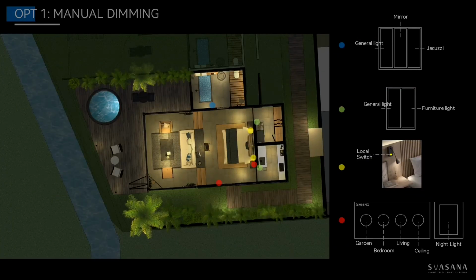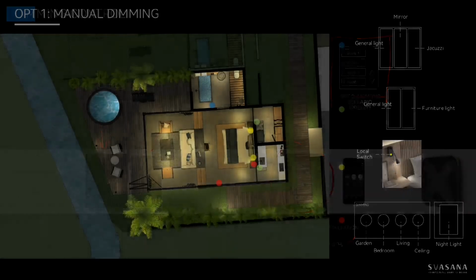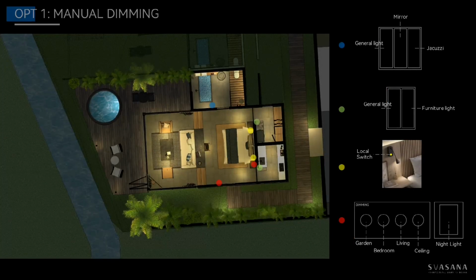So this is the switch plan if we want to use a manual dimming system. The blue one is for the bathroom. I propose these three switches for the bathroom: general lighting, mirror lighting, and the jacuzzi.